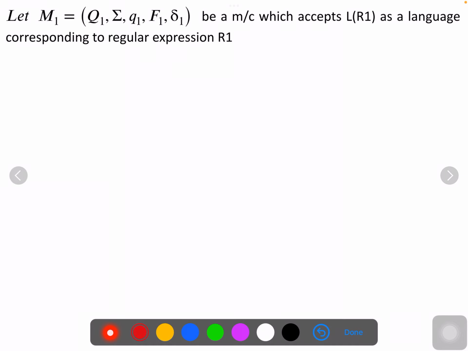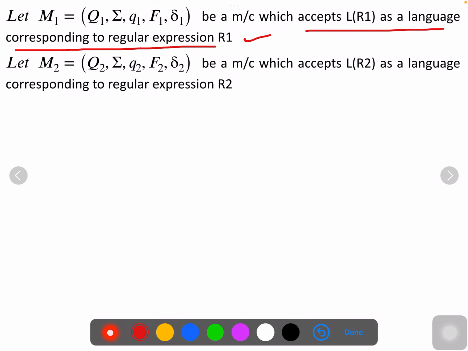So how do you construct this? First you have to take down the machine. Let M1 equal (Q1, sigma, q1, F1, delta 1) be a machine which accepts L of R1 as a language, corresponding to regular expression R1.